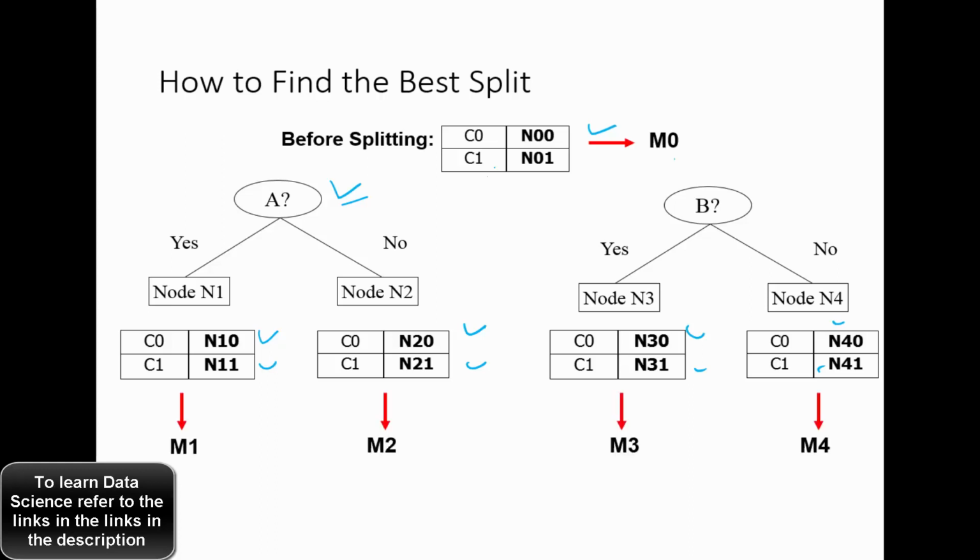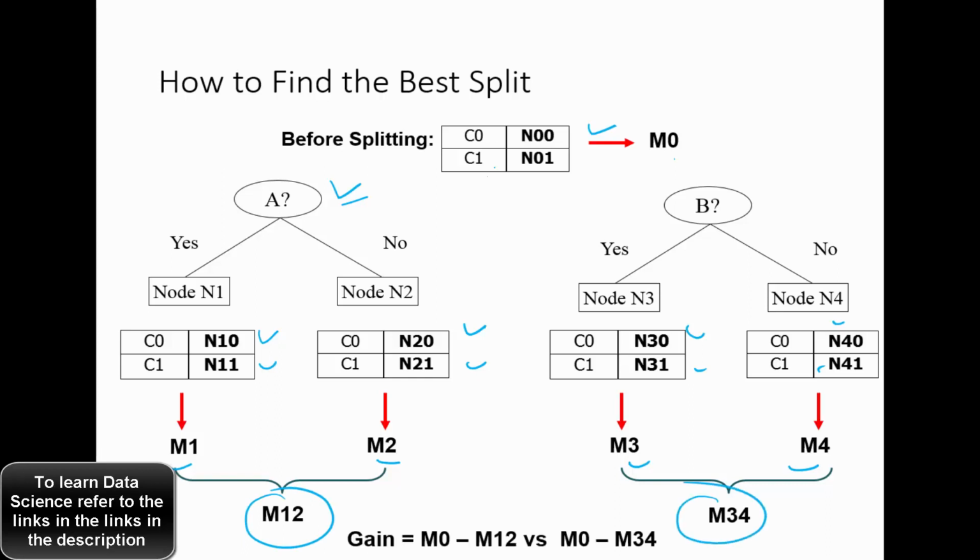We call those M0, M1, M2, M3 and M4. We combine these and find M12 and M34. The gain you get is the difference between M0 minus M12 and M0 minus M34.